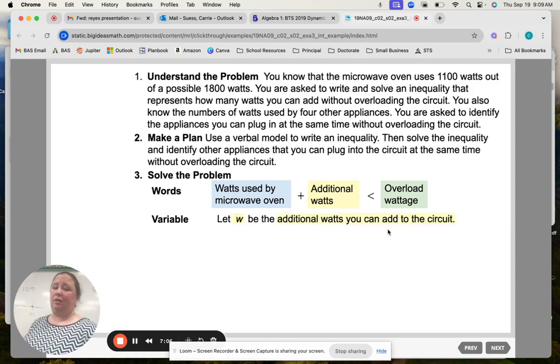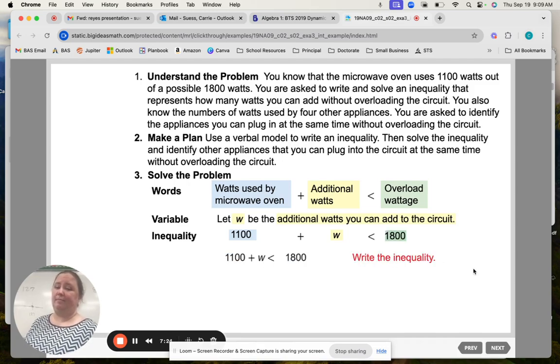All right, so they're using W for the variable. So how many watts are used by the microwave oven? 1,100. So we're going to put 1,100 plus W is less than, what's the max you can do? 1,800. So now you have an inequality. I did it right. Good job.